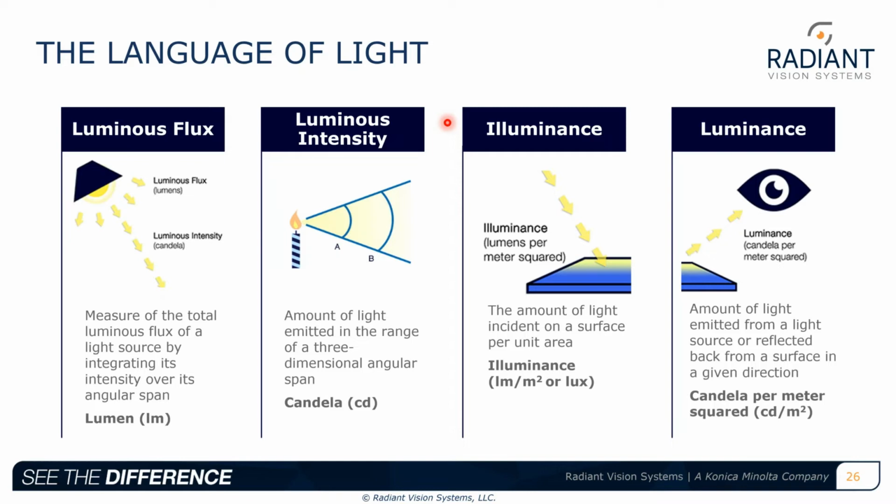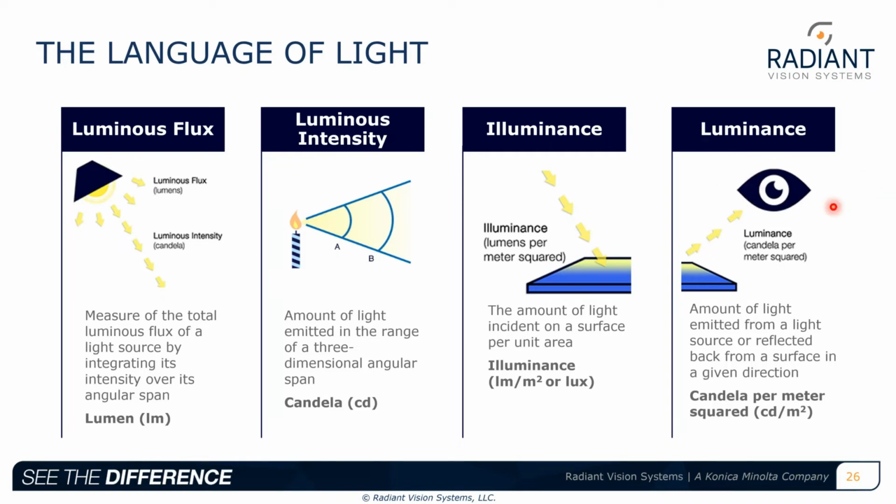The next one, though, luminance, is the amount of light emitted from a light source or reflected back from a surface in a given direction. So this is the unit, luminance, that we most commonly think of when we're thinking of, okay, how bright is that laptop screen? How bright is that TV? We're going to do it in luminance, or candelas per meter squared. And in this little drawing, we have an observer here.